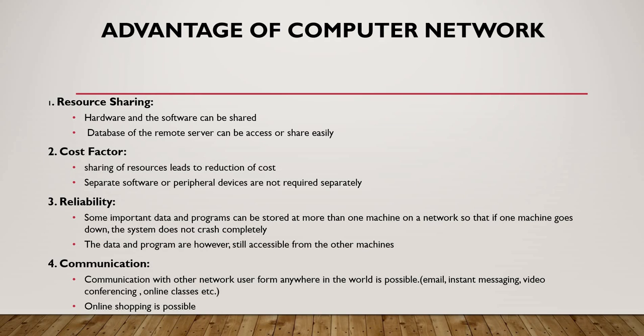Online shopping is also possible because of the network. Not only that, we can transfer the fund, or we can do lots and lots of things in computer. There are lots and lots of other points as the advantages of computer, but I have explained only 4 points. The 4 points are resource sharing, cost factor, reliability, and communication.